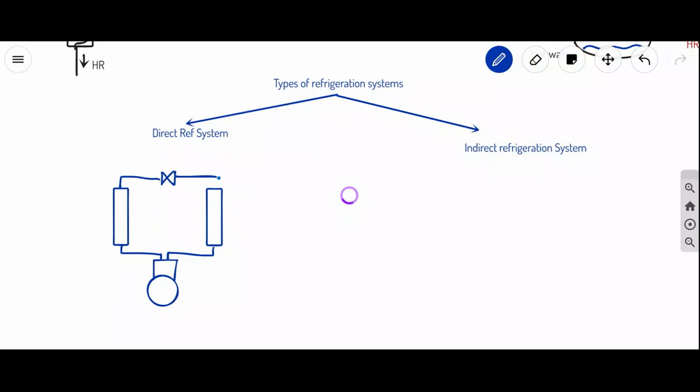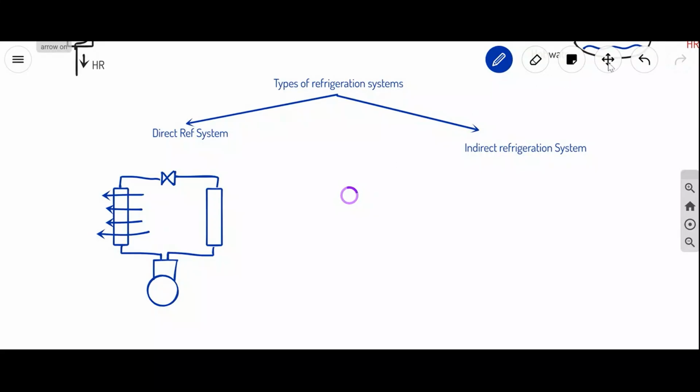That means air is directly contacting with the evaporator coil, then it is called a direct refrigeration system.